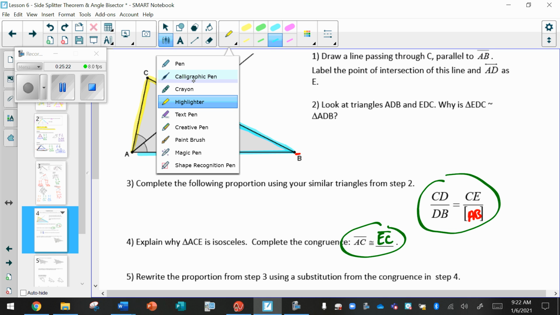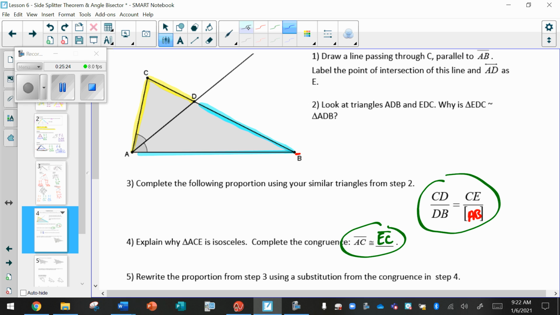So what's going to happen with the angle bisector theorem is we can make a proportion out of those two pieces and a proportion out of these two pieces. So the angle bisector cuts the opposite side of the triangle in equal ratios to the sides of the angle.